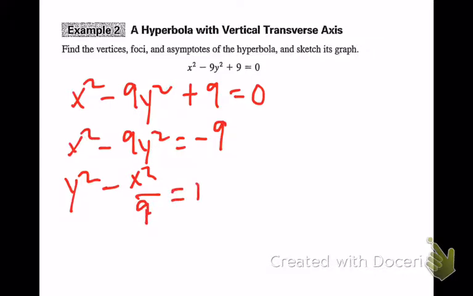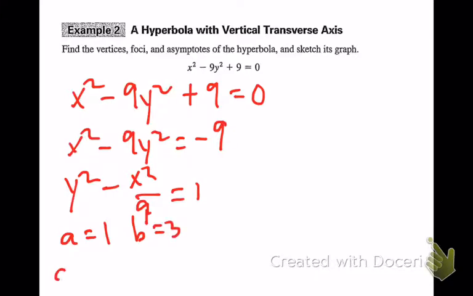Right? So a, in this case, is going to equal 1. The y comes first. So a is 1. b is 3.